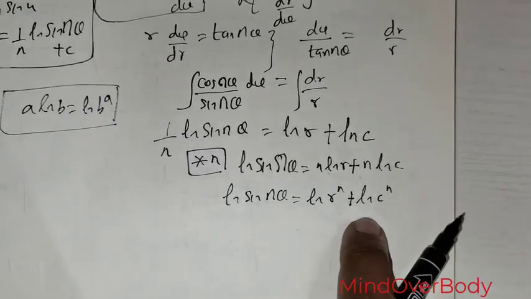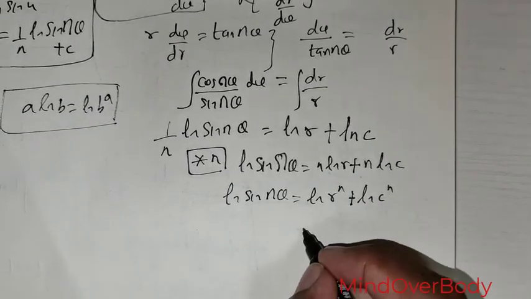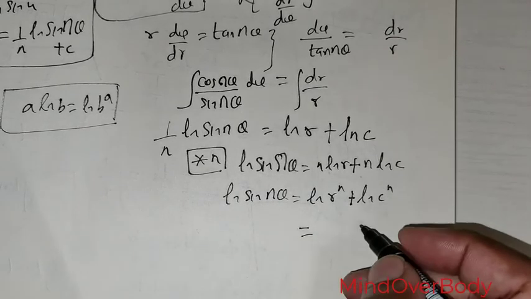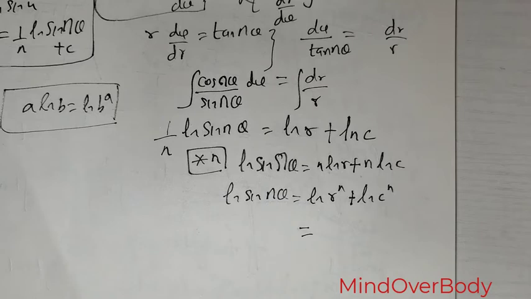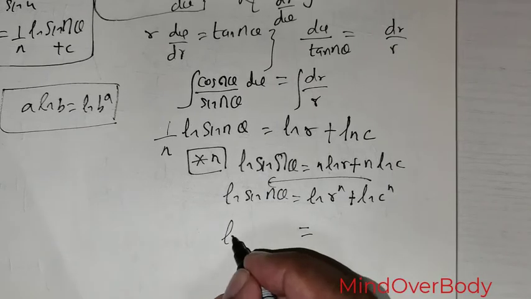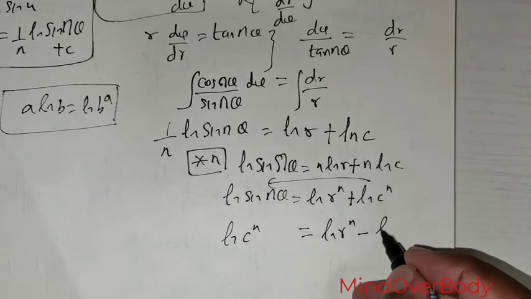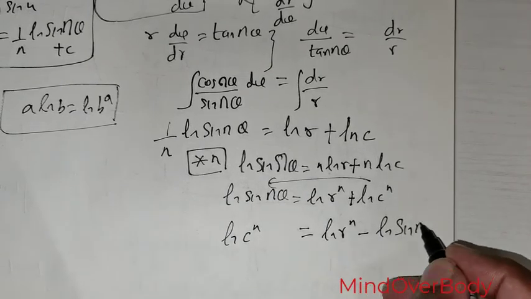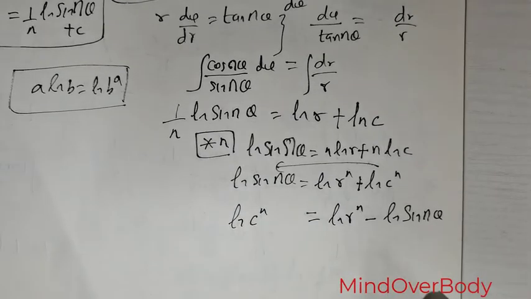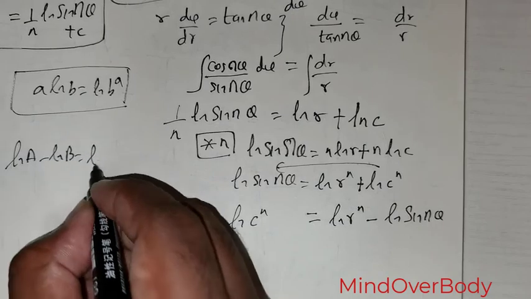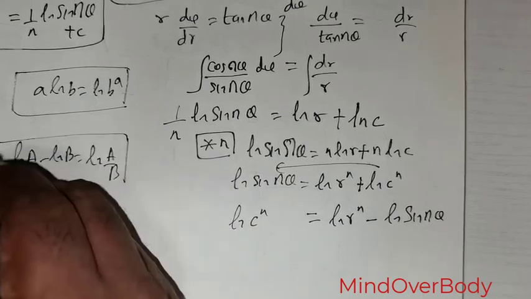Now this is an arbitrary constant, so I can actually place this as some entire c, but before that I will have to make some simplification. This is going to be ln c raised to the power of n, and this is going to be ln r power n minus ln sin n theta. This is what I get. Now there is a formula, ln of a minus ln of b is ln of a over b.